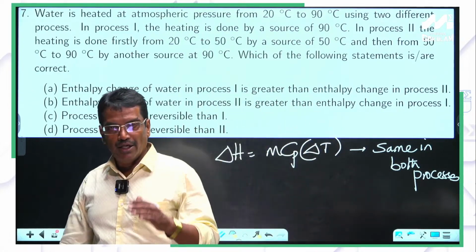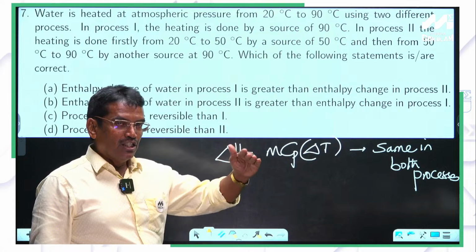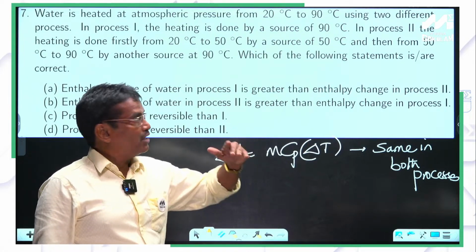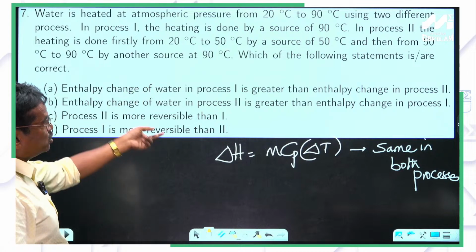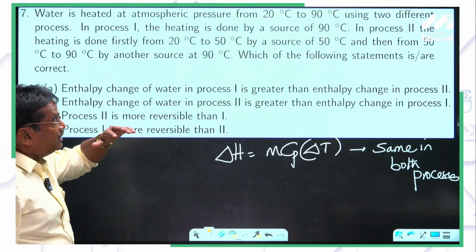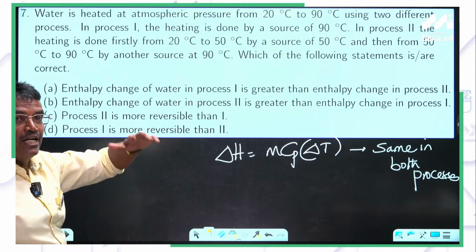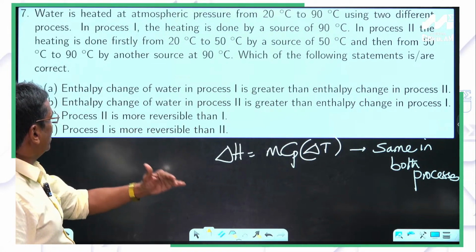See, entropy is something connected with irreversibility. If the heating is carried out in one case from 20 to 90, and in another case from 20 to 50 and 50 to 90 from two different sources, in the second case the heating is carried out in steps. Therefore, irreversibility is lesser, entropy changes are lesser.